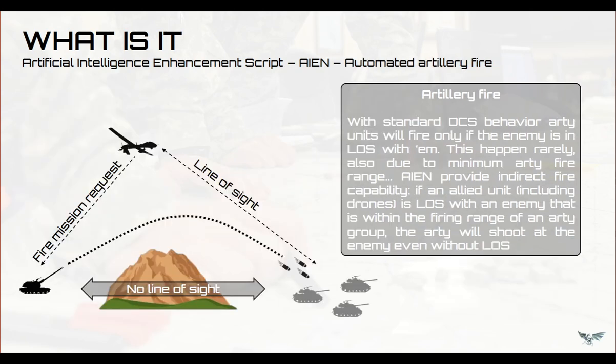Last and probably most important thing is the indirect automated artillery fire. Standard DCS behavior is that when you have an artillery group, they will try to shoot at anything that is detected by them. To detect a group, they will need line of sight and a range below some kilometers, let's say 8 kilometers, something like that.